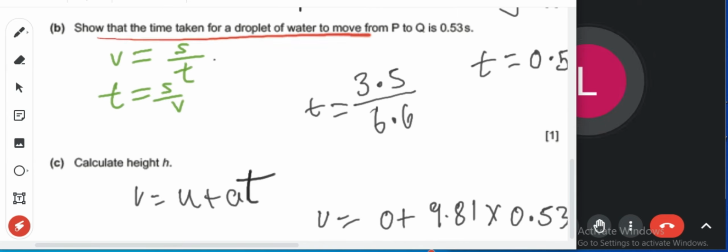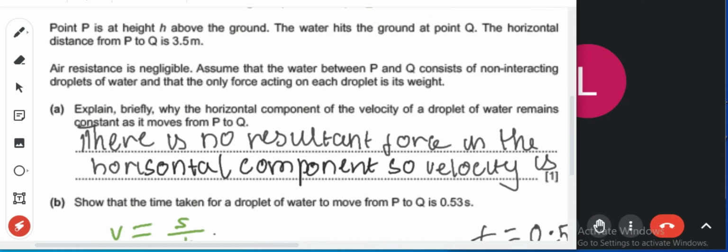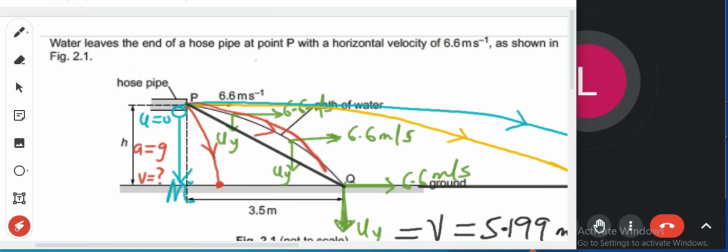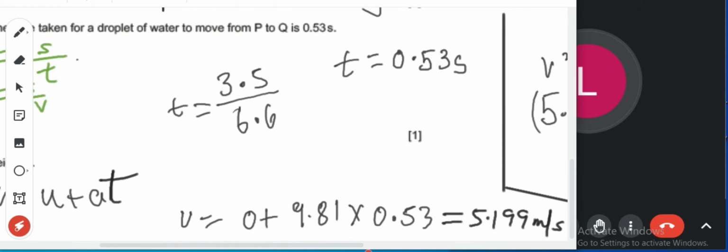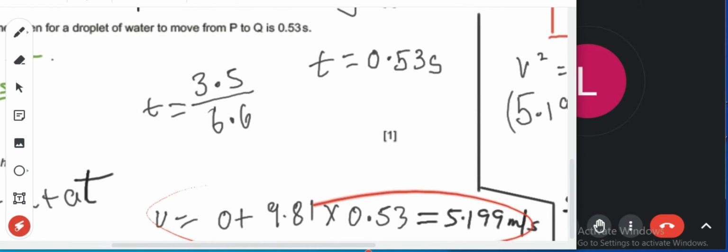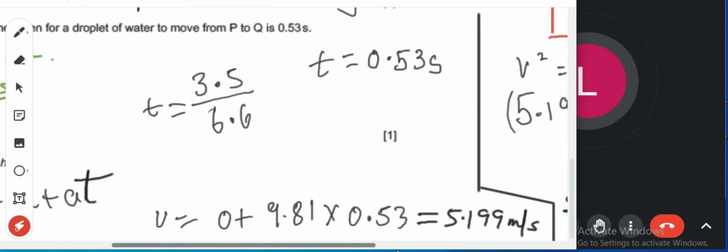Show that the time taken for the droplet to move from P to Q is 0.53 seconds. This same time, P to Q, is the same time if it was dropped freely by free fall. And you were able to get V to be 5.199 meters per second. That's correct.